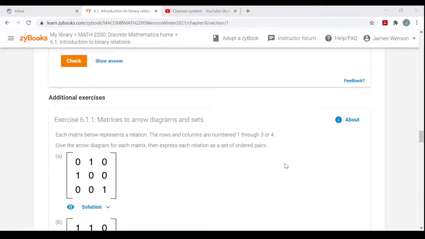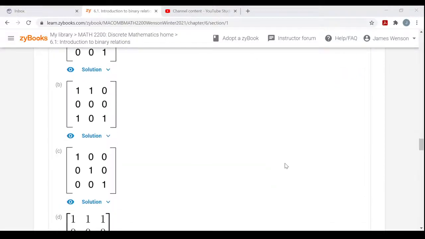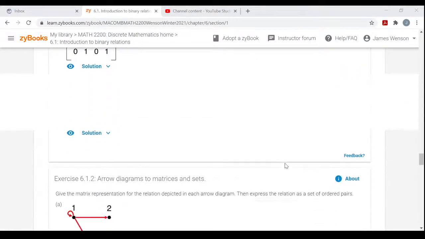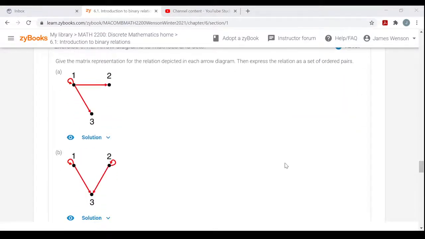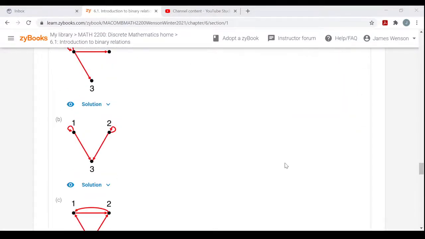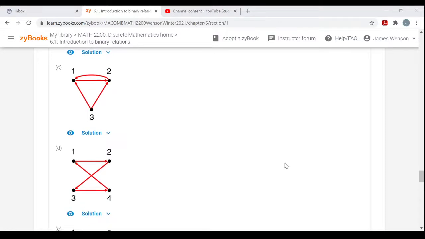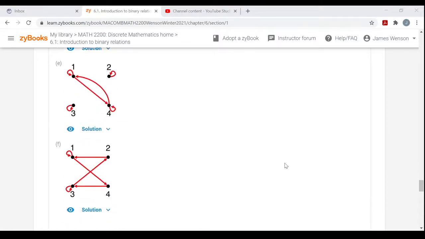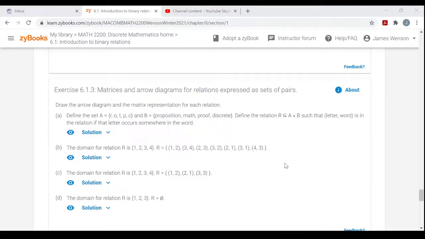All right, then you have your additional exercises. You got some matrices here. They want you to give a set of ordered pairs. You got some digraphs, some directed graphs on a set. Here you're asked to make an arrow diagram, or a directed graph.